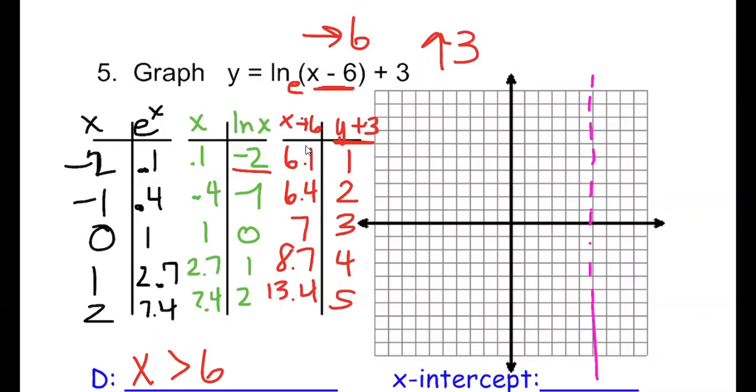All right, 6.1, 1; 6.4, 2; 7, 3; and then 8.7, 4; and then 13, 5. So our graph kind of looks like go along the asymptote through my points, and there you go. Okay. All right.